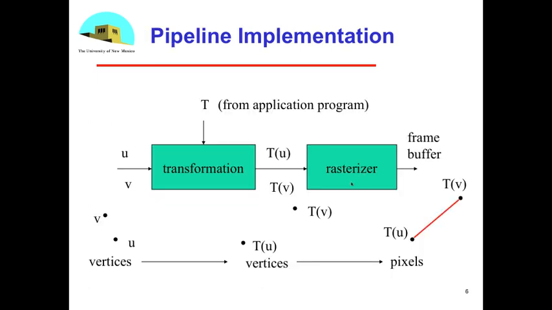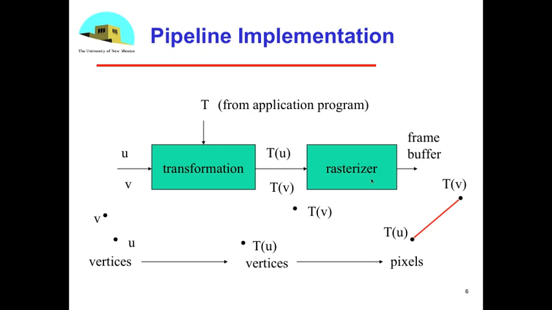Okay, so here's how we want to do this. We start with vertices, and this transformation will typically be done in the vertex shader, although we'll see later that we can do some transformations in the fragment shader. But for the most part, we're going to transform in the vertex shader. We load that transformation matrix from the application as a uniform variable, which we'll see, and then we transform the points.